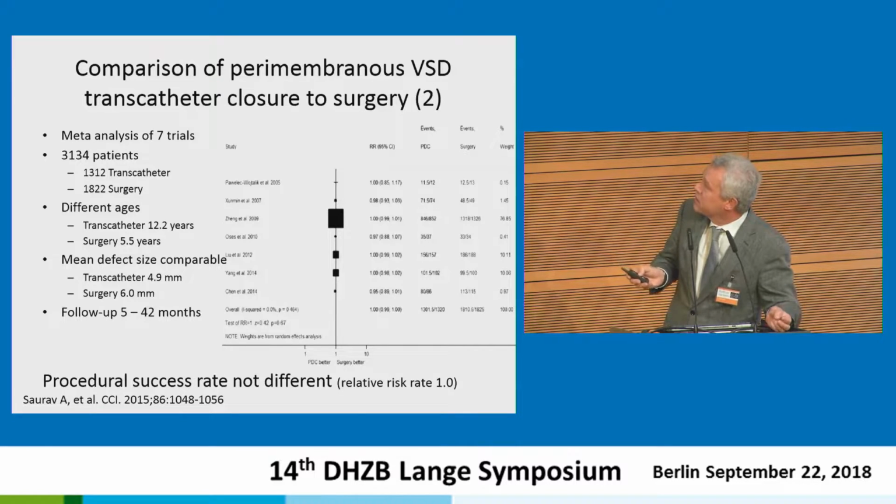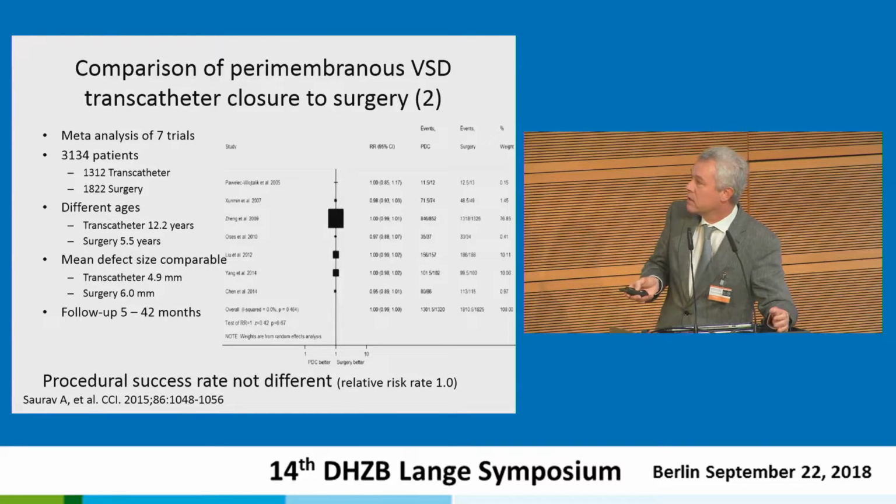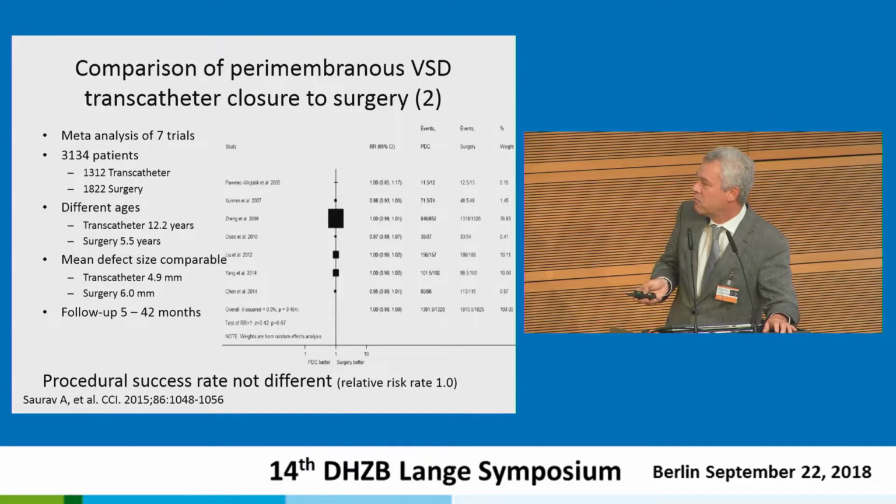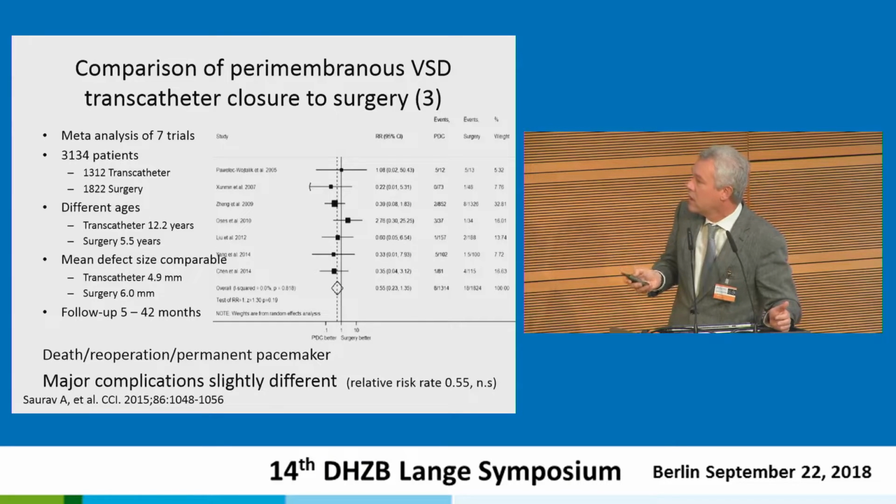This was significant: the transcatheter patients were 12 years old, the surgical patients were 5 years old. The defect size was more or less comparable, transcatheter 5 millimeters, surgical 6 millimeters mean. The follow-up was very different, 5 to 24 months, and there was no difference in procedural success rate. The relative risk was 1.0.